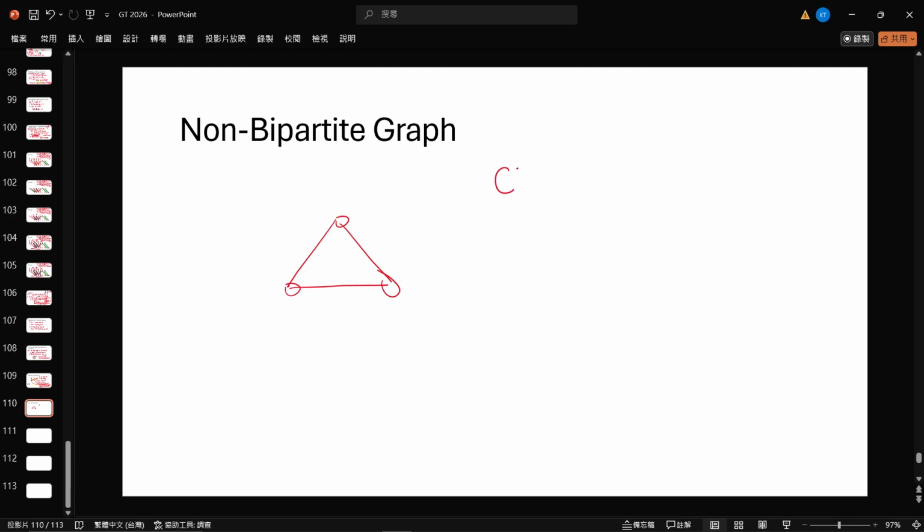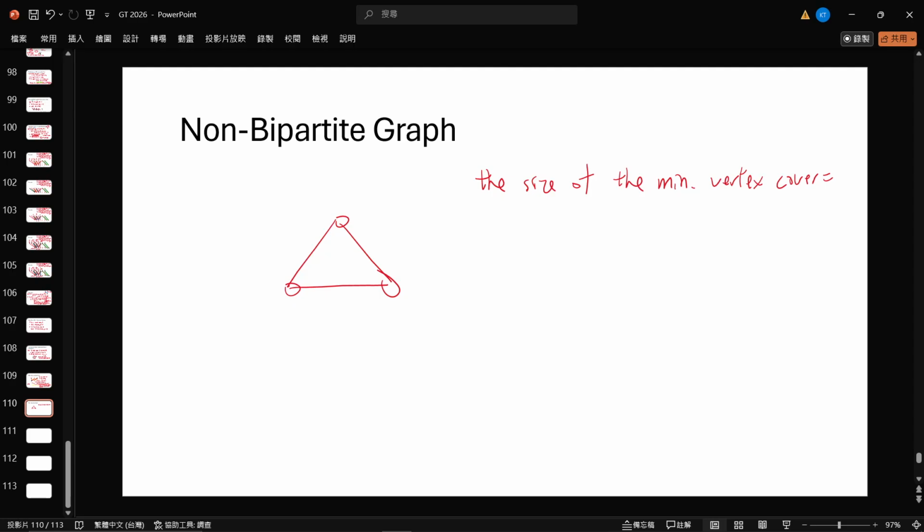So what is the size of the minimum vertex cover? If you want to cover these 3 edges, how many vertices do you need at least? Can you cover them using just 1 vertex?